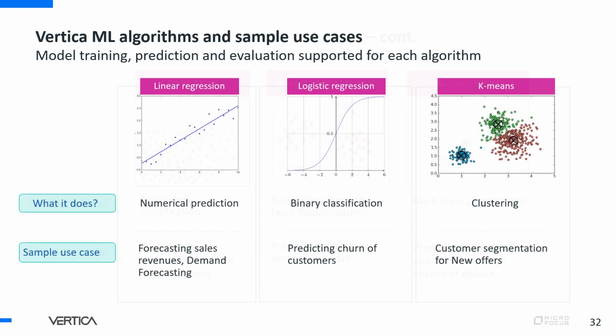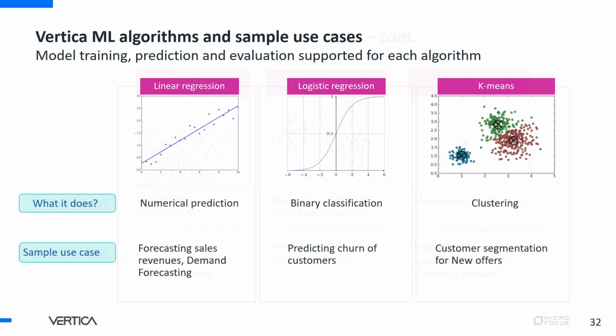You would like to see whether somebody will choose a product or not. K-means is the algorithm available in Vertica for clustering. You want to do customer segmentation because you want to give different offers to different customers, so you create multiple customer segments and give them offers based upon the segmentation.